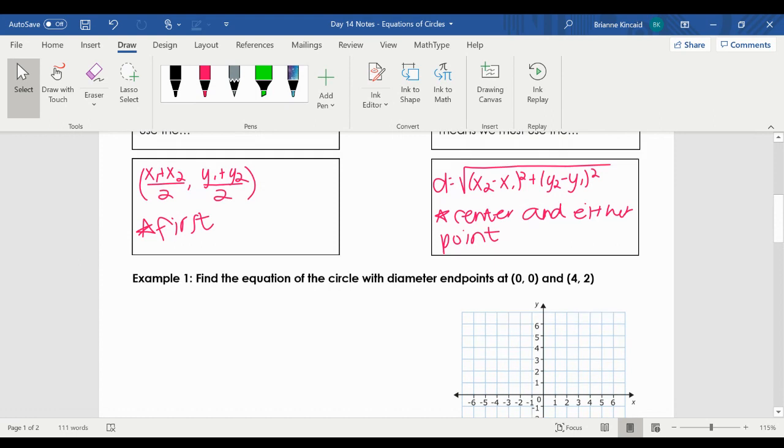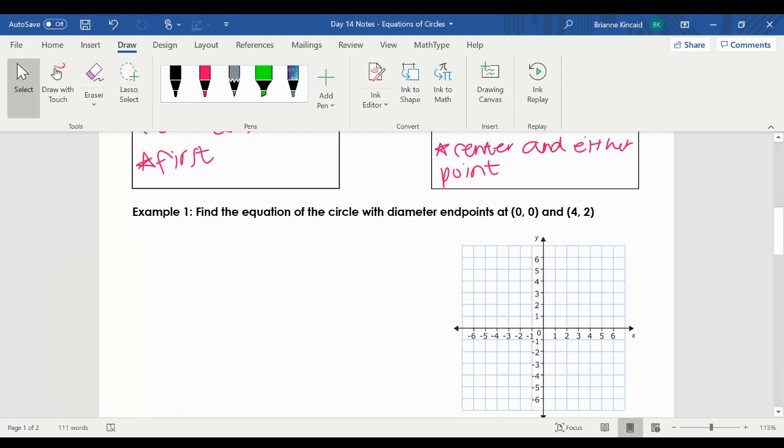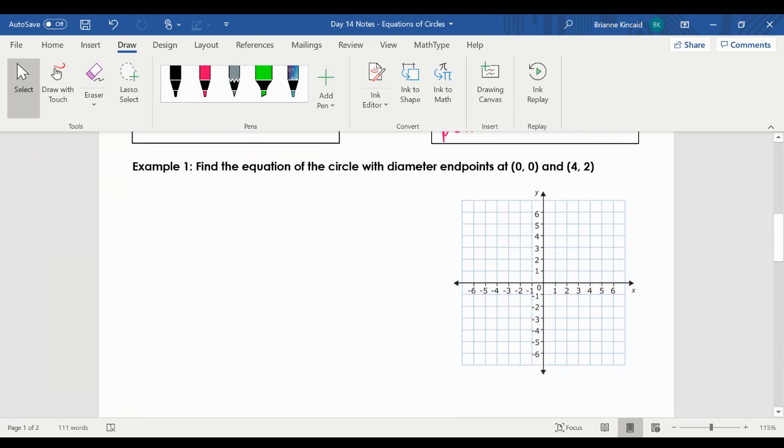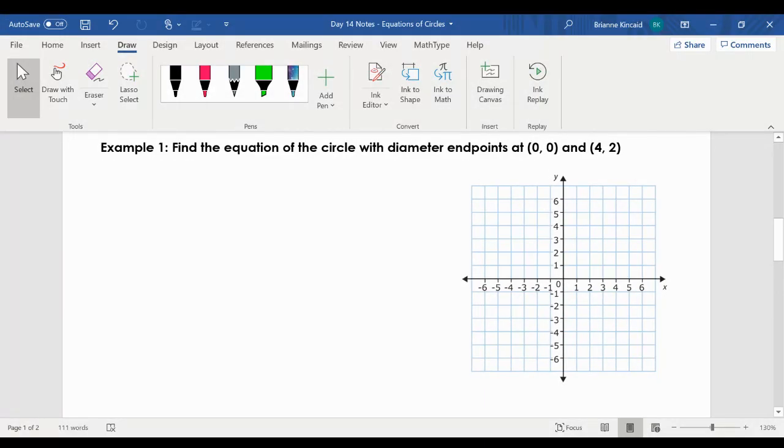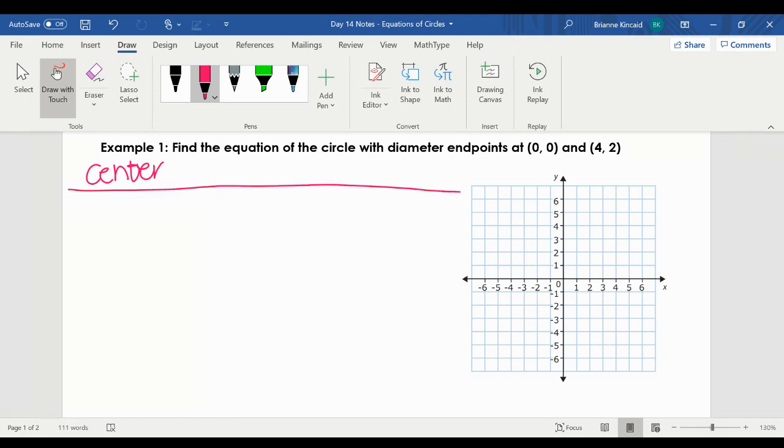So find the equation of the circle with the diameter endpoints at (0, 0) and (4, 2). First thing that I'm going to do is find the center. And I'm going to split this up into 2 columns because I'll go through and find the radius after.